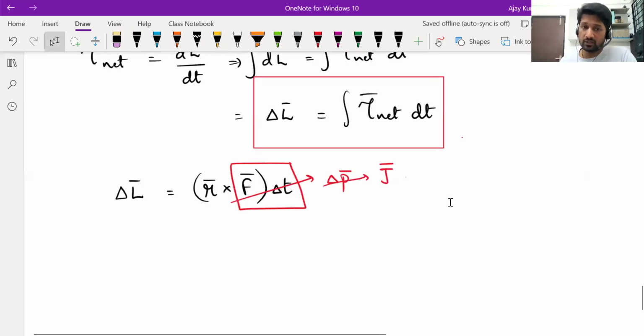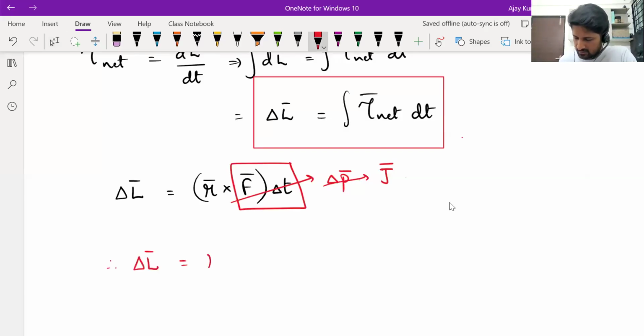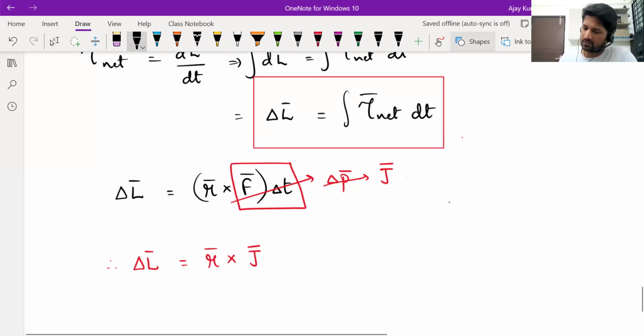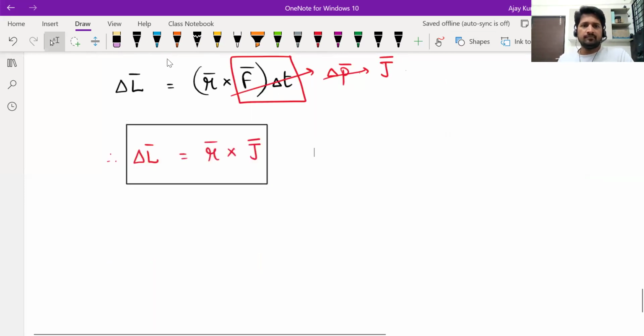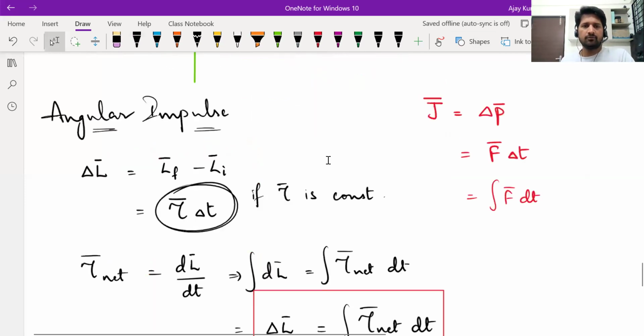Okay, you can look at it this way also. Therefore, angular impulse is r cross linear impulse. You can calculate it this way also. Is this clear to all of you?